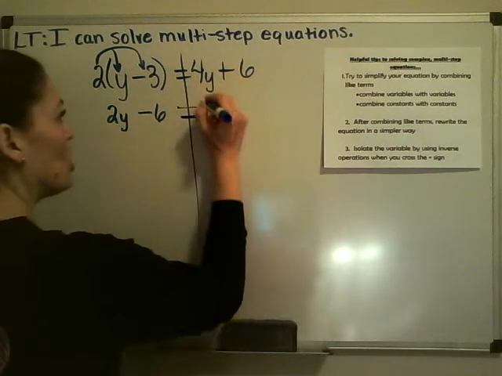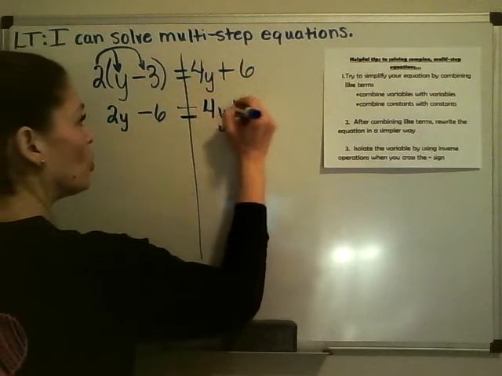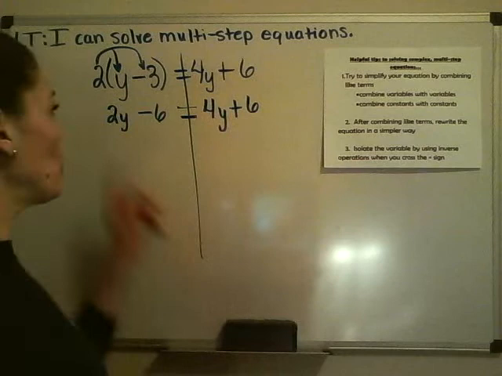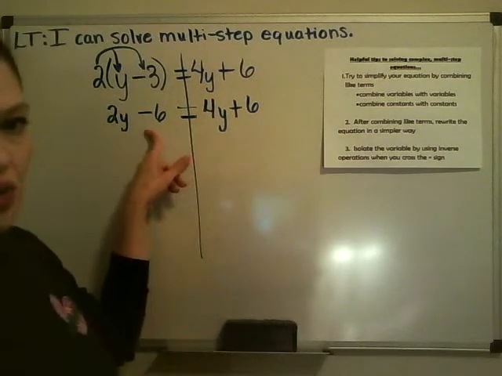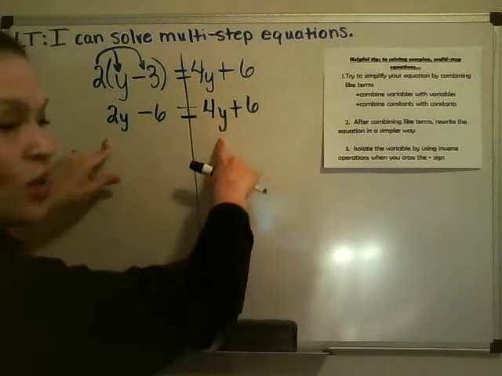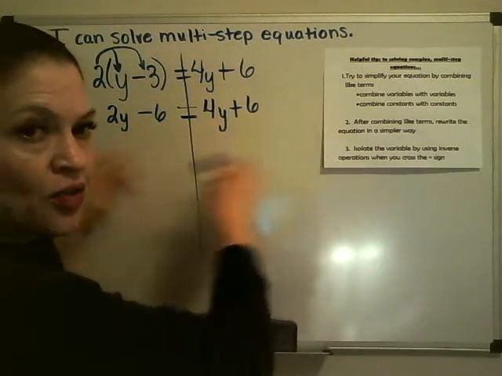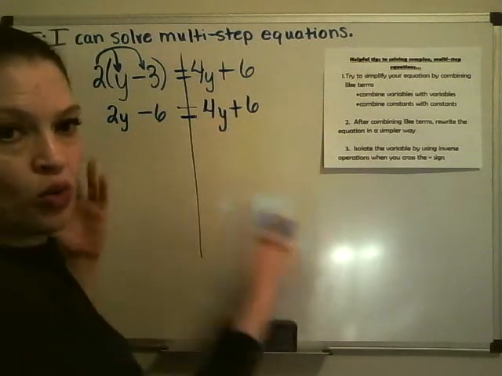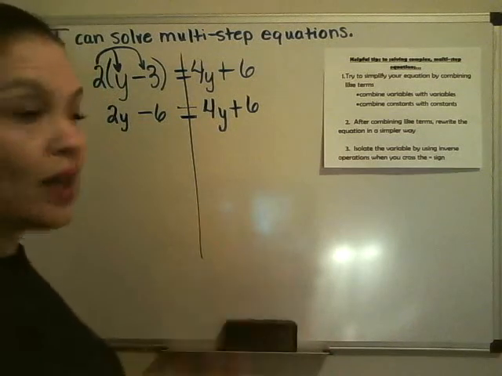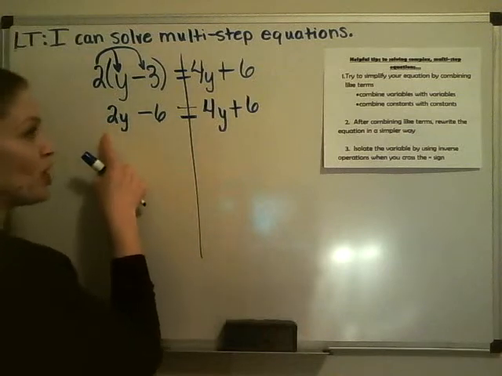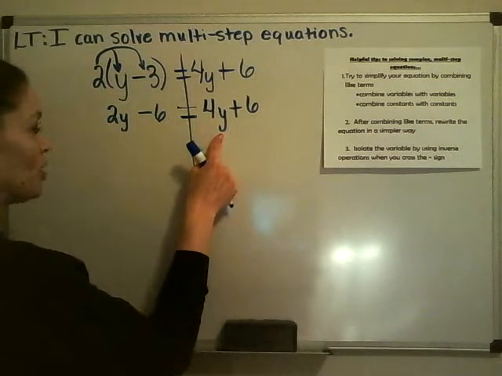Equals, bring down what you have left, 4y plus 6. See, now you end up with one of the equations that we just got through solving. You have y's on either side and you have constants on either side. So figure out what you want to move where. I am strategizing, so I want to move that 2y over here to the right.